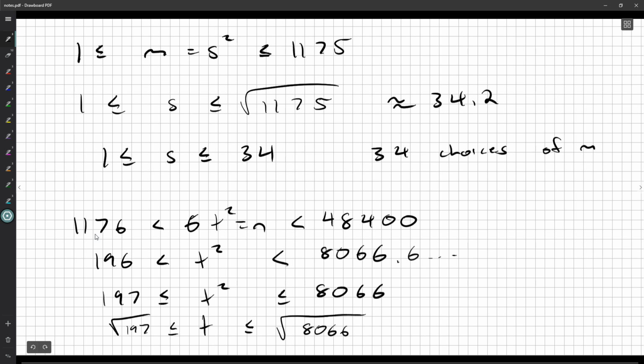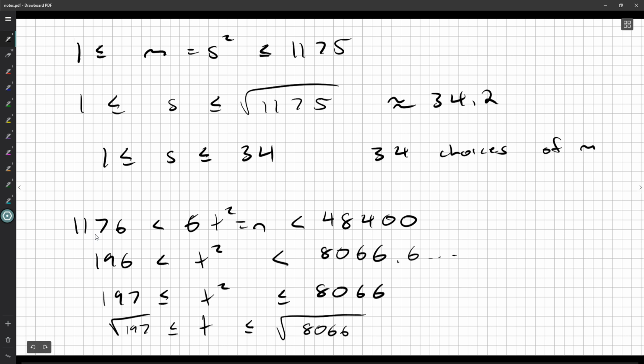All right, so that'll be 15 for your minimum value of t, because square root of 197 is just over 14. And then the square root of 8,066 is going to be just under 90.